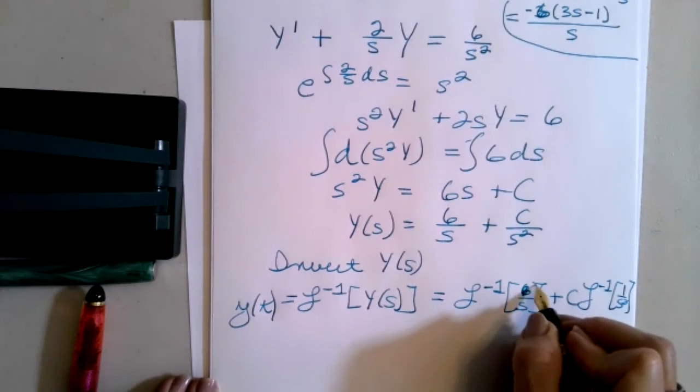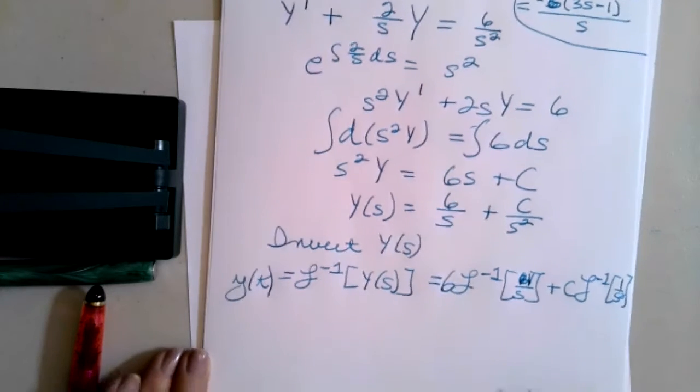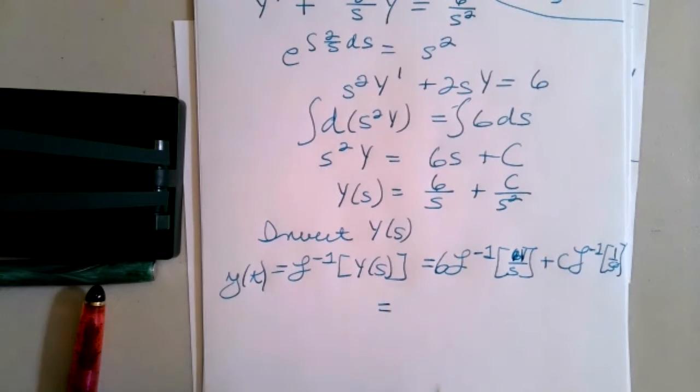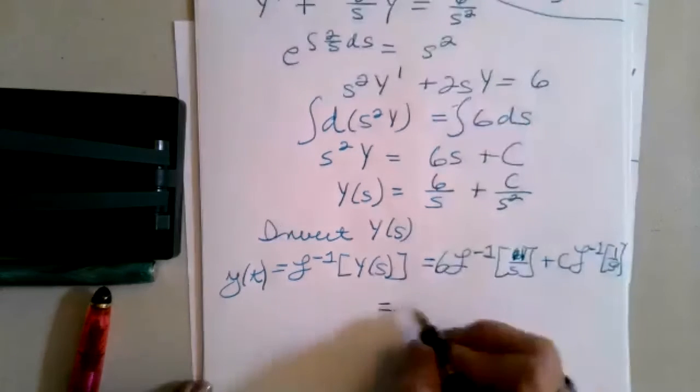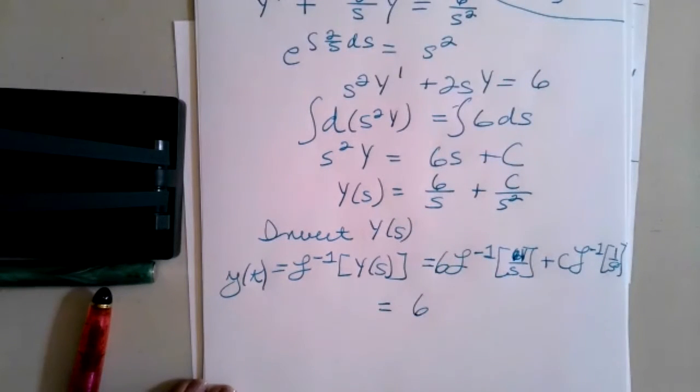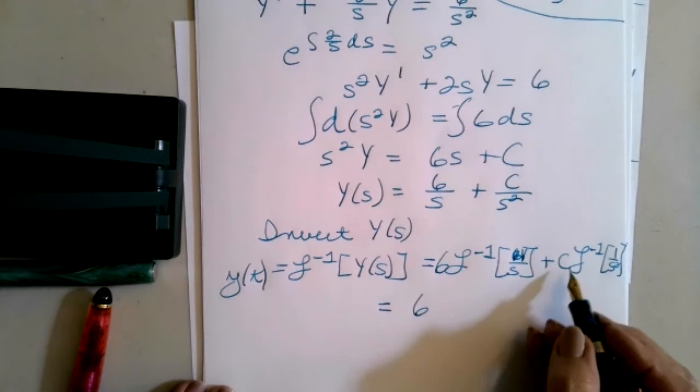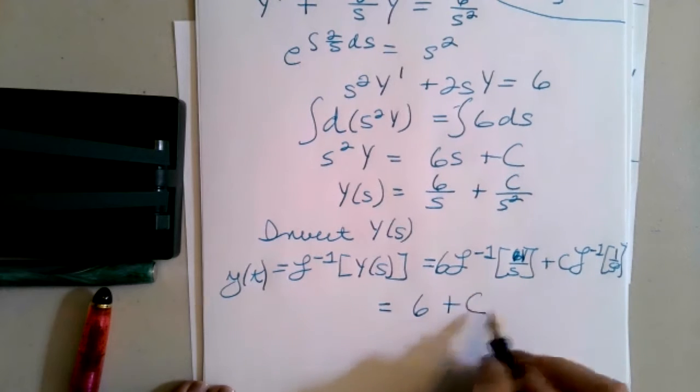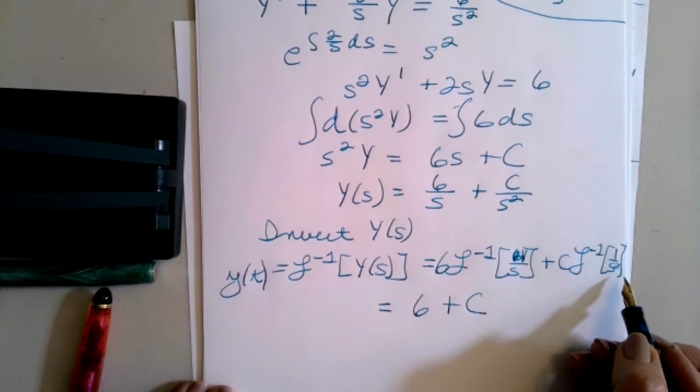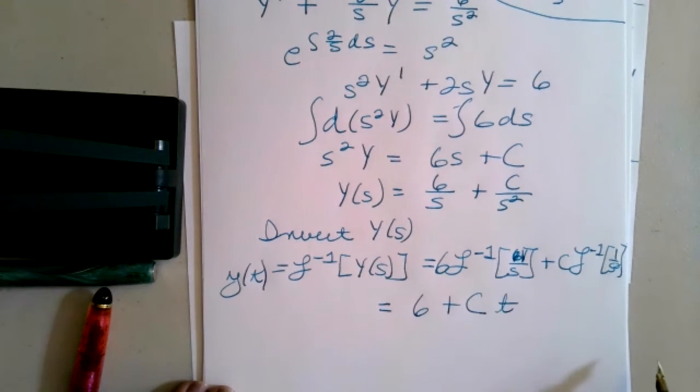I can think of this as 1 over s with a 6 out in front. If you take the inverse Laplace transform of 1 over s, you get back 1, so this is 6 times 1. And then you get plus c times the inverse Laplace transform of 1 over s squared, which is t. That's from the chart, reading from right to left.